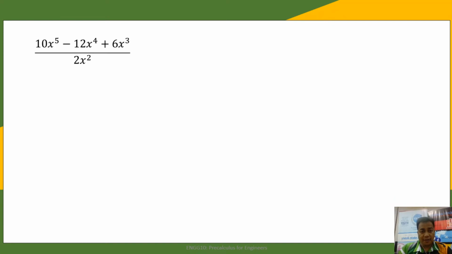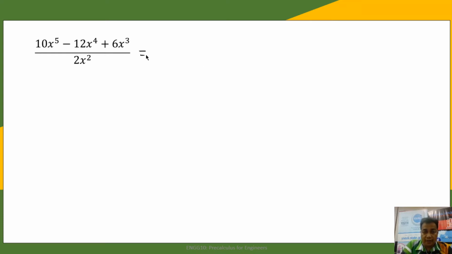For our first example, we have 10x raised to 5 minus 12x raised to 4 plus 6x cubed all over 2x squared. This is an example of a polynomial divided by a monomial. So we are going to separate each of the terms in the numerator divided by the common denominator 2x squared.